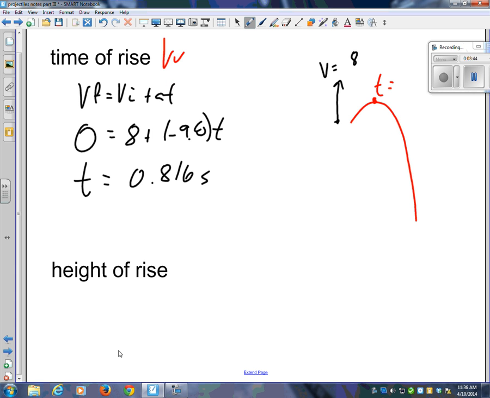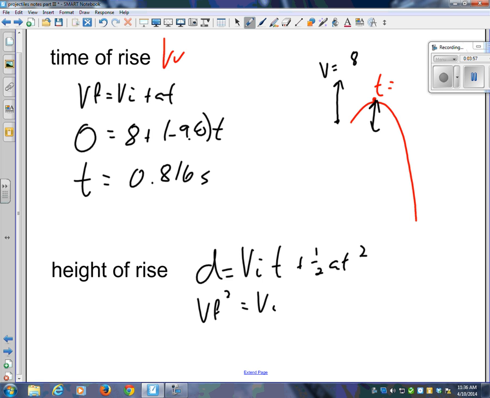So the height of rise, again, we're going to talk about this distance here. So I could probably use D equals VIT plus a half AT squared. I could probably go VF squared equals VI squared plus 2AD. I could use either one of those, I think. Or you can just do the one that you showed us in the short one, D equals half AT squared.